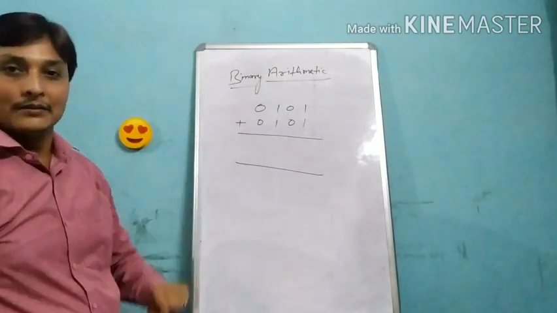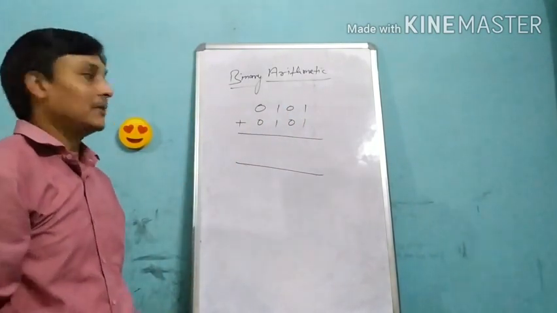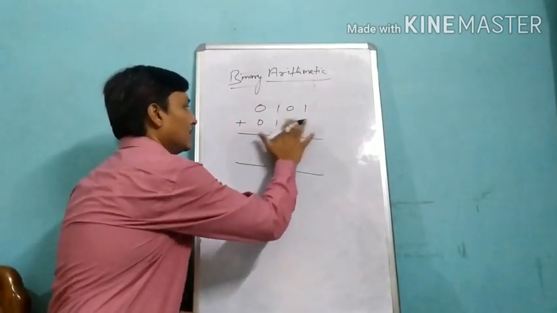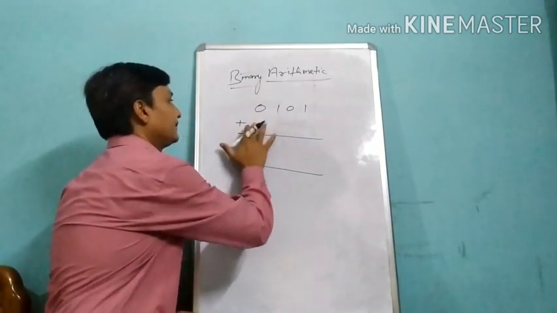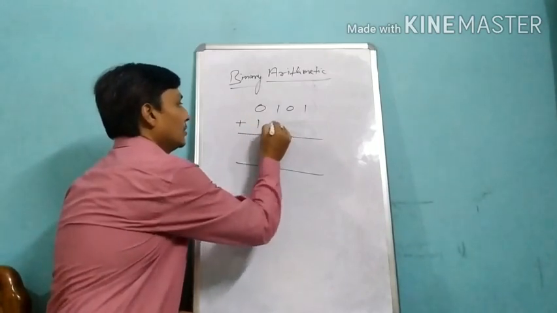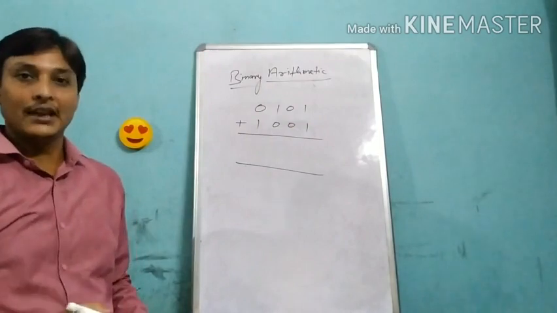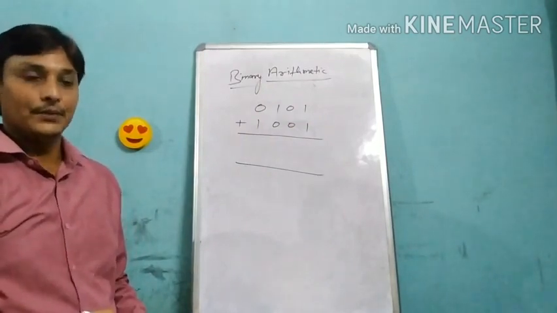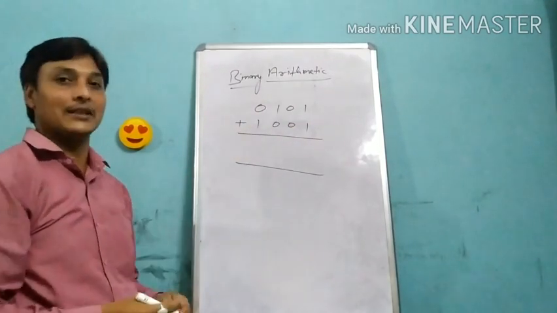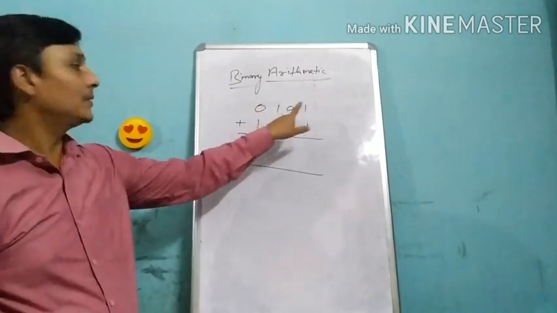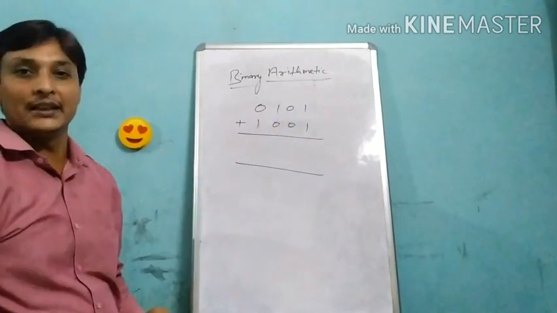Both are binary. 0, 1, 0, 1. You can change this number if you want to. Suppose I have given 1, 0, 0, 1, because you will be confused, both numbers were looking the same. So here you can change the value: 0, 1, 0, 1 and 1, 0, 0, 1.